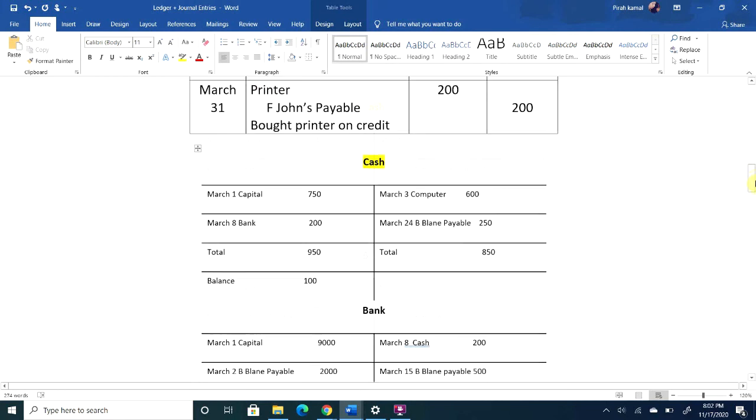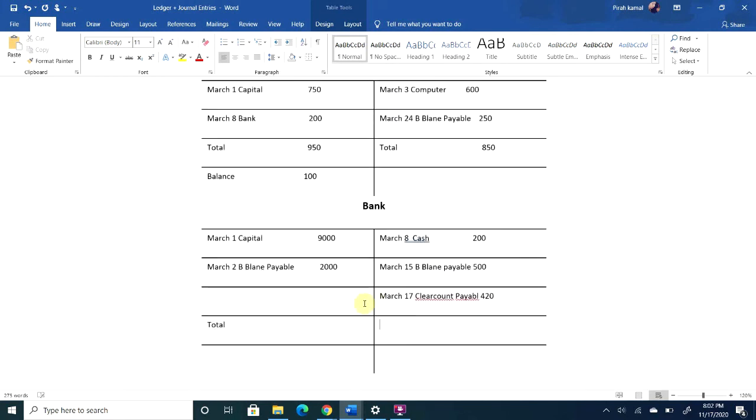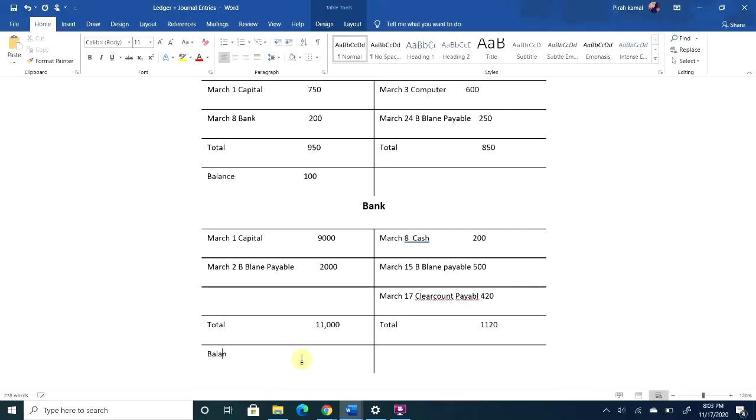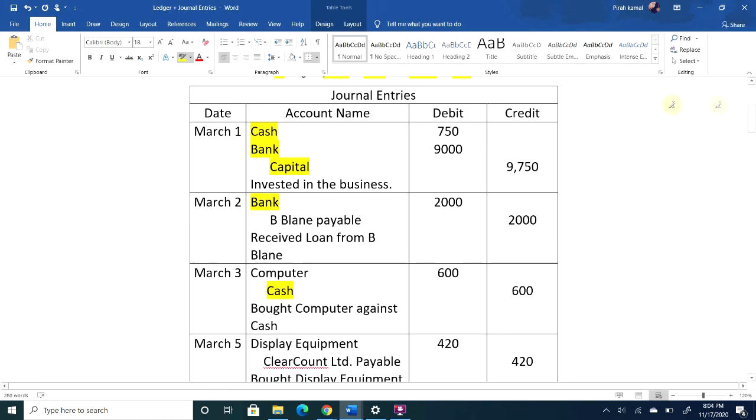If there isn't, then we will just add both the sides separately and get the balance. Over here it's 11,000 minus 1,120. 11,000 is the bigger side, so we will write our balance over there. Bank debit 9,880. That's our balance.